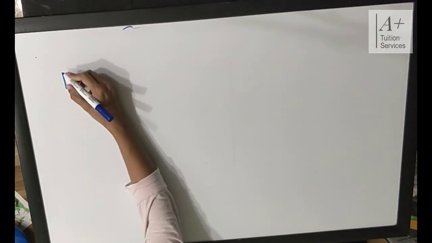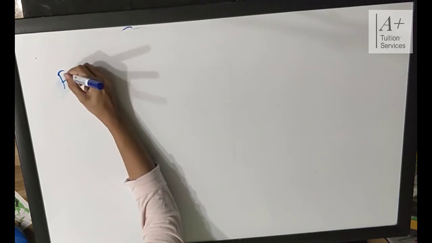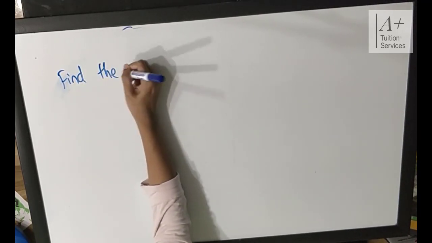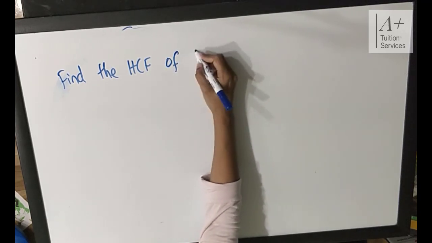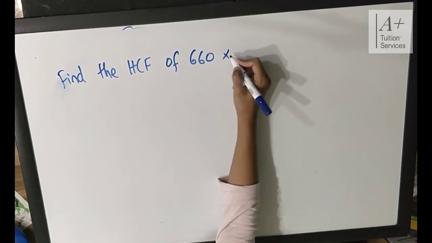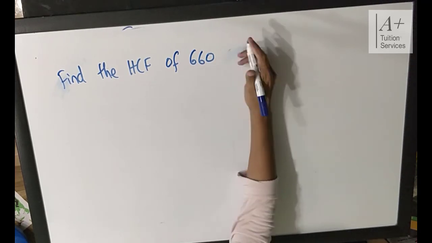Okay? And this is very simple. 660 and 470. We can start by breaking it down the same exact way. So find the HCF of 660 and 470.